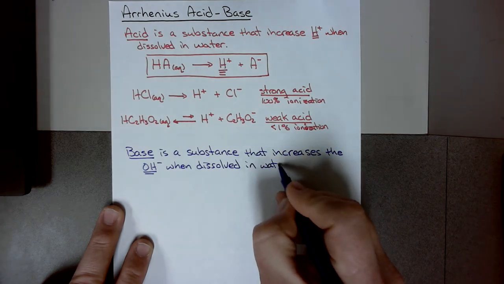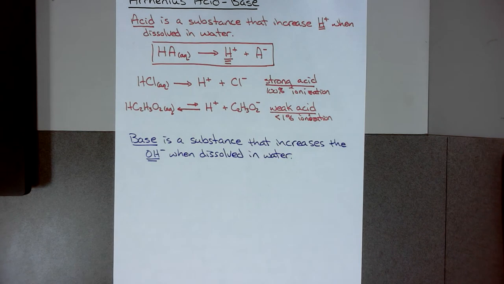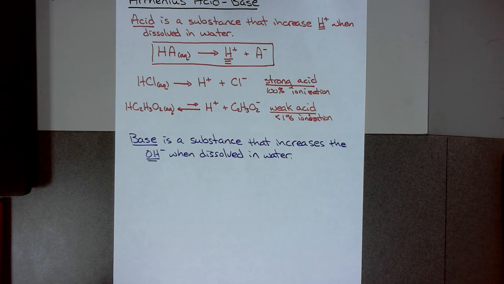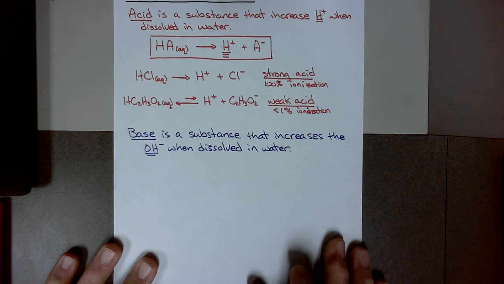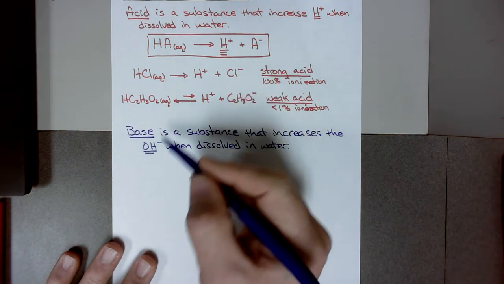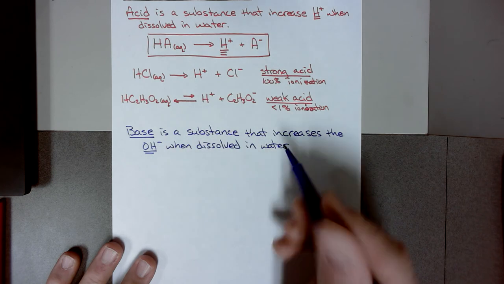So again, we're restricted to water in this case, and that's what makes Arrhenius acids and bases particularly Arrhenius acids and bases, because it's H+ and OH− in water.